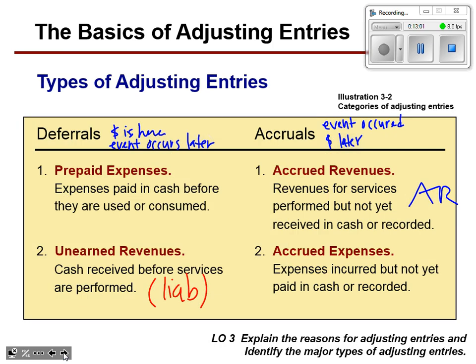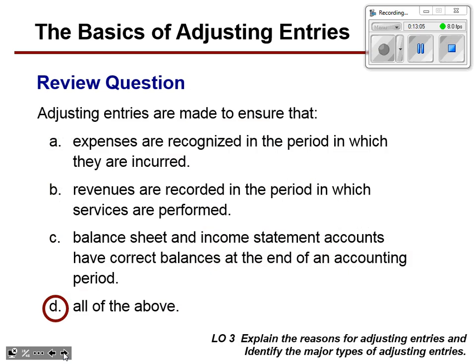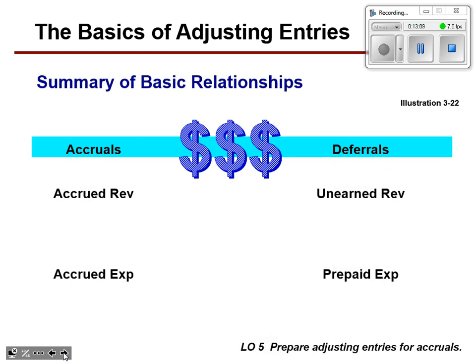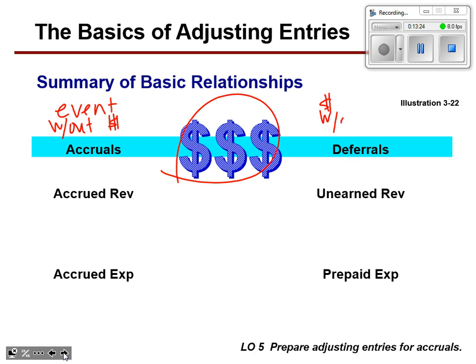Okay, so just notice accruals was on the right side here. It's on the left side this time. I actually like this one better because this is the event without money. Here's the almighty dollar. This is the money without the event.